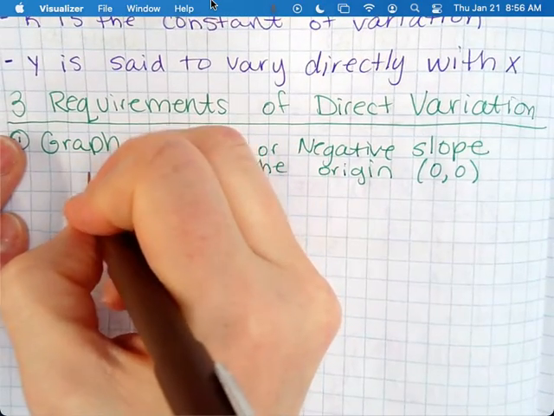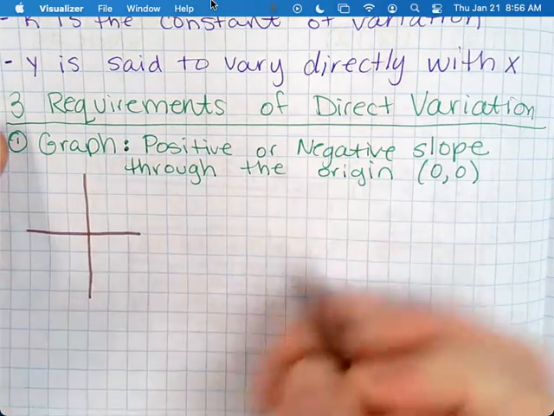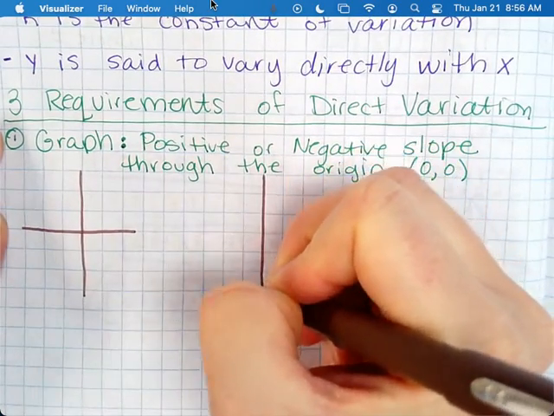So it has to be linear as well. I'm going to do two little graphs here.